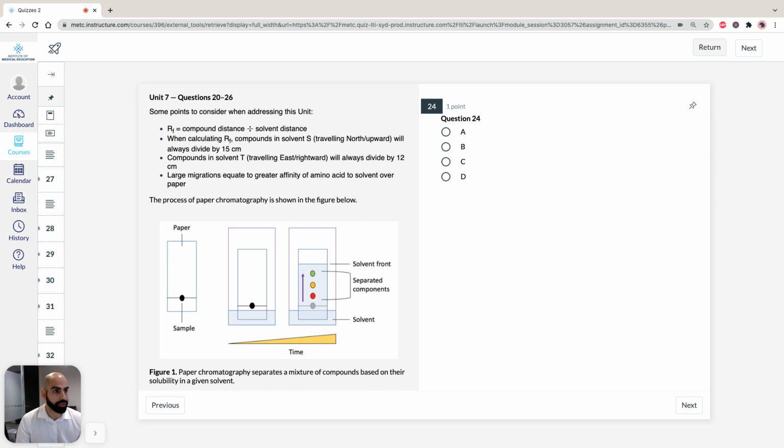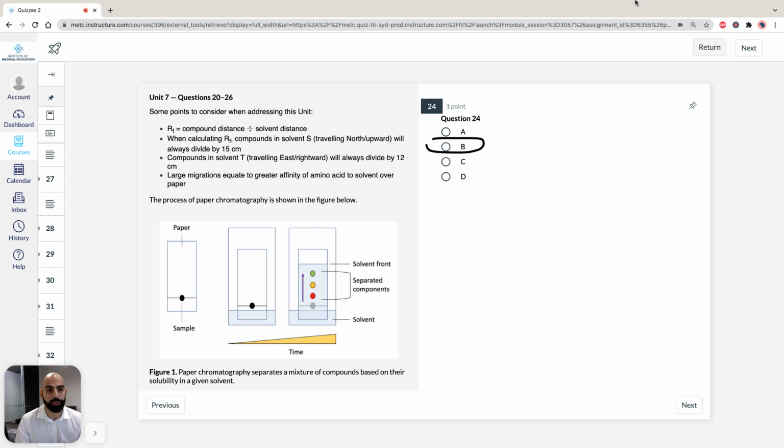So for question 24, the answer has to be B, because if we just use solvent S, we're going to get similar values, but if we use solvent T, they all have a different RF value. So question 24 has to be B.